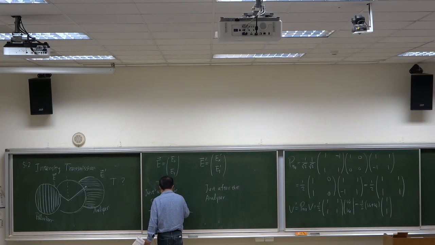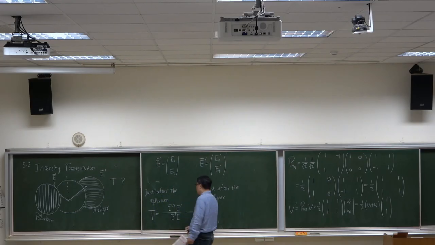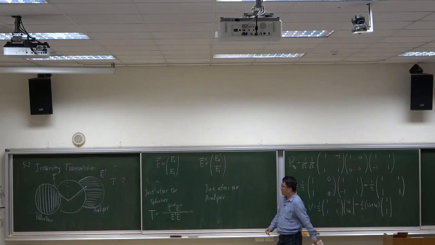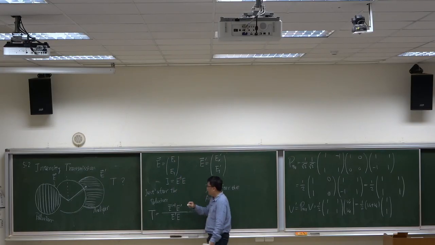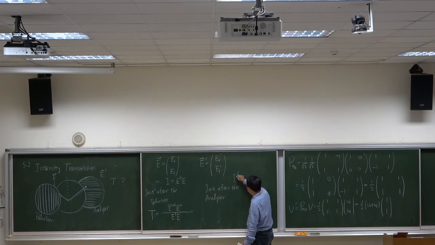E prime dagger E prime over E dagger E. That's because the intensity is defined as E dagger E. And the final intensity is defined as E prime dagger E prime.